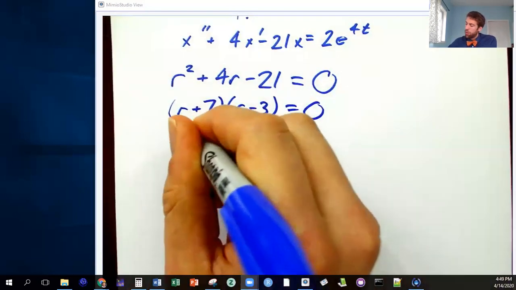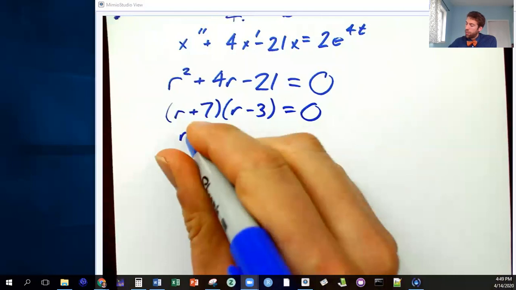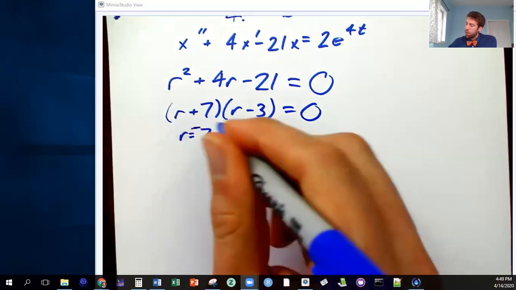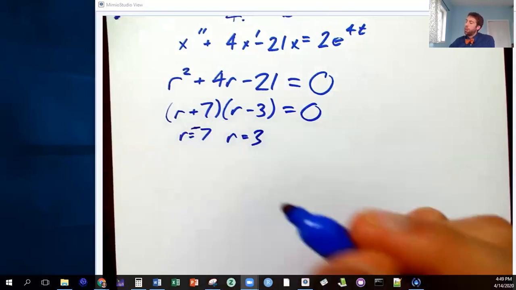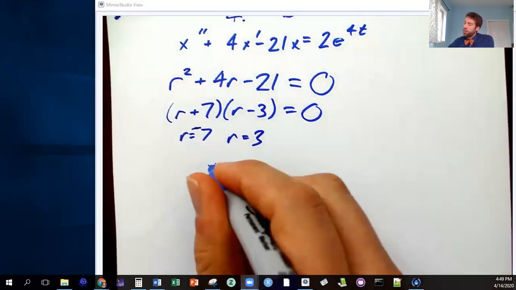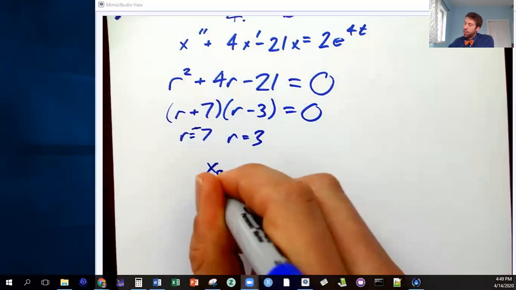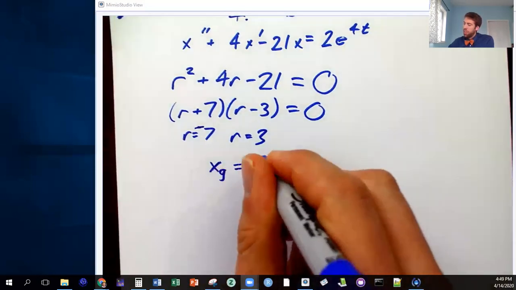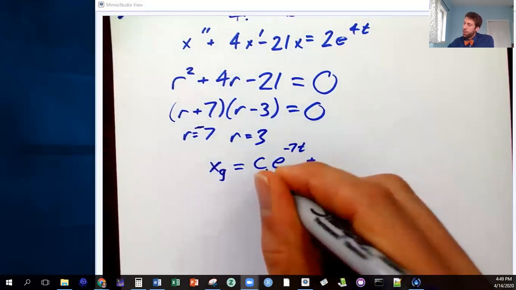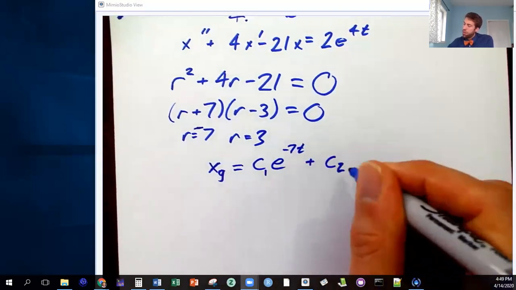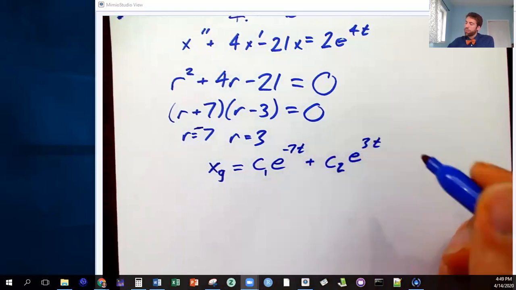So then r equals negative 7 and r equals 3 are the two solutions. So then my general solution, I'm going to say x with a little g there, is equal to c1 e to the negative 7t plus c2 e to the 3t.